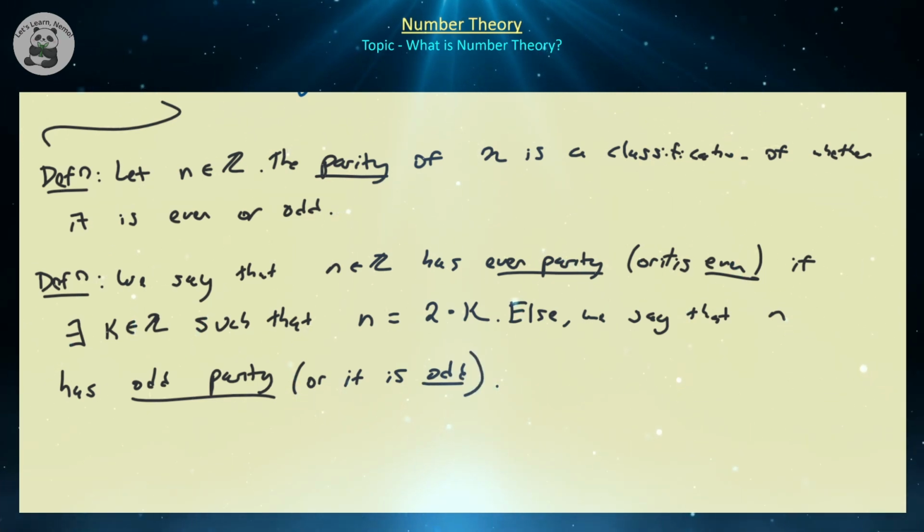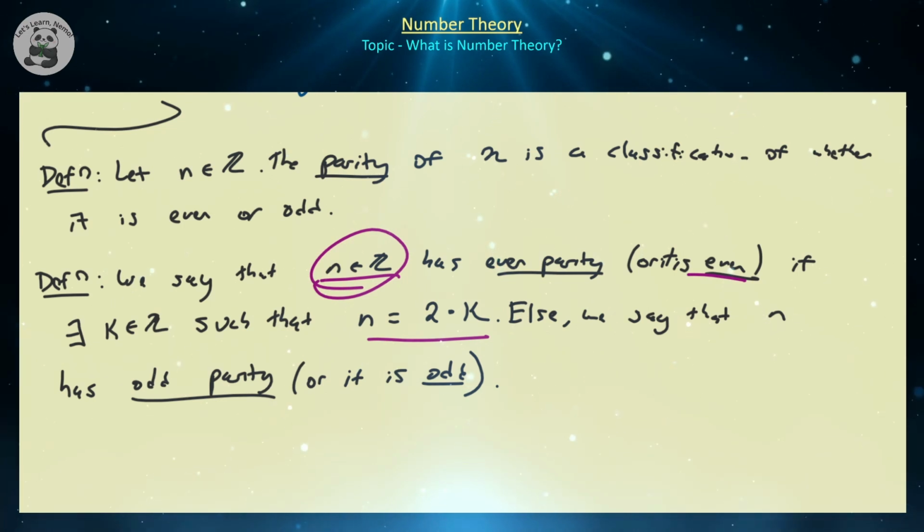Right? So we say that an integer n is even if n can be represented as the product of 2 and some other integer, i.e. n is evenly divisible by 2. And if it's not evenly divisible by 2 and n is an integer, then we're going to say that that integer n is an odd integer.